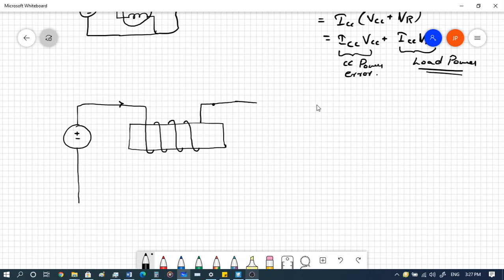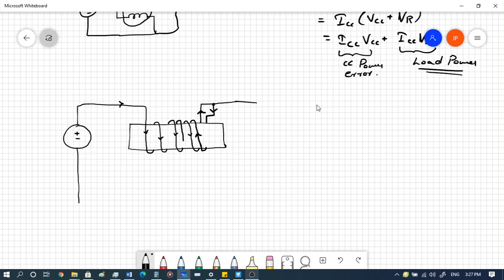The current in the current coil is in this direction, right? Now let's draw the pressure coil. This pressure coil is also mounted on the same core, right? So let me draw this coil. Now the current will flow in this direction in the pressure coil, right?